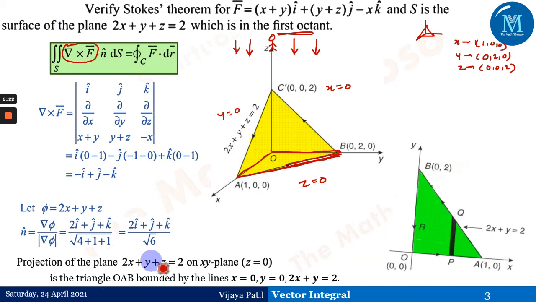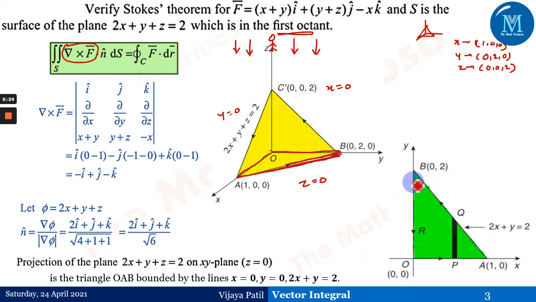If you draw this curve in the xy plane, we'll get this triangle. In 2x plus y plus z equals 2, since z equals 0, the z moves to 0 here, and we get the equation of this line as 2x plus y equals 2. This is the triangle we are going to get.